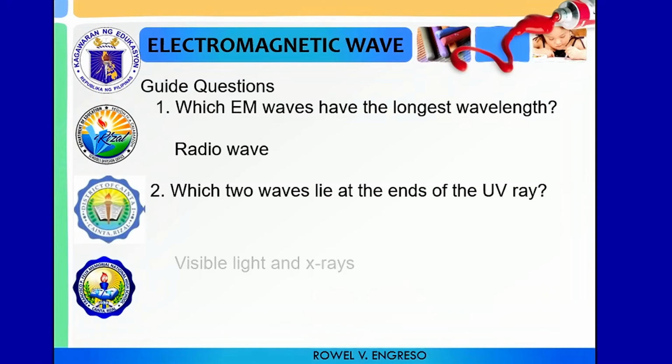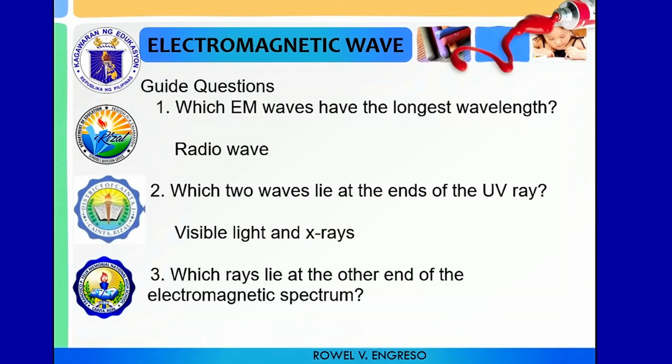The answer is, you're right, it's visible light and X-rays. Number 3, which rays lie at the other end of electromagnetic spectrum? Very good, it's gamma rays.